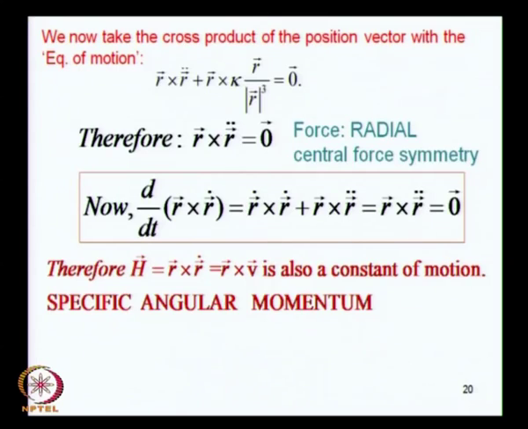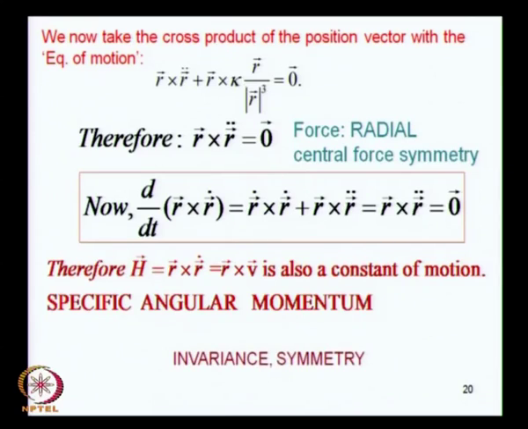So, angular momentum conservation has come again from the equation of motion by simply composing its cross product with the position vector and doing simple algebra. This is really very interesting. Mind you, we are dealing with the specific angular momentum rather than the angular momentum itself.